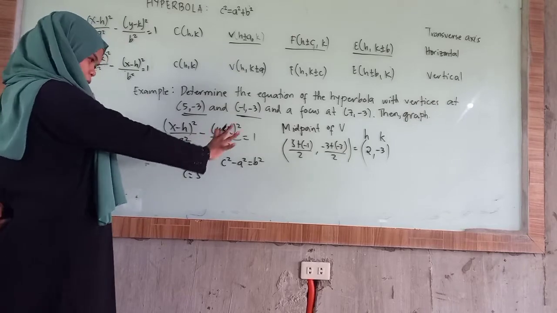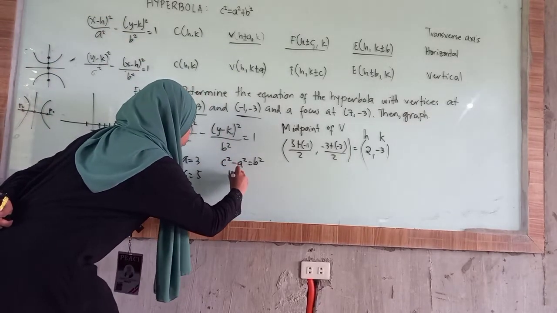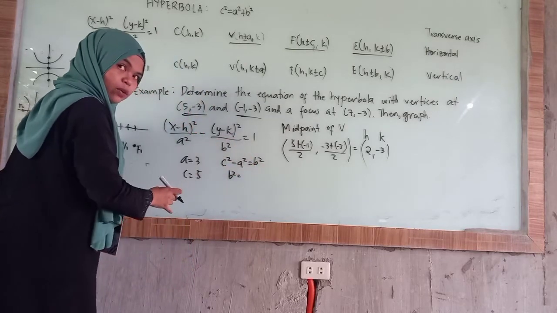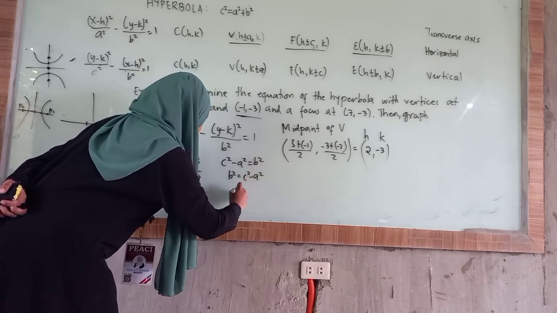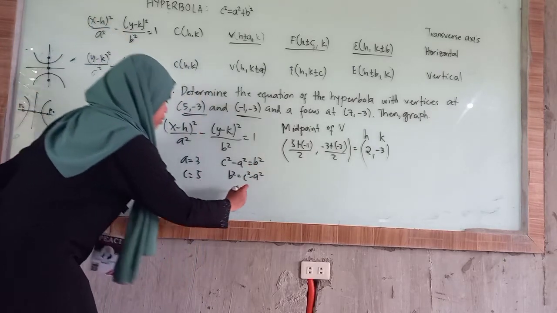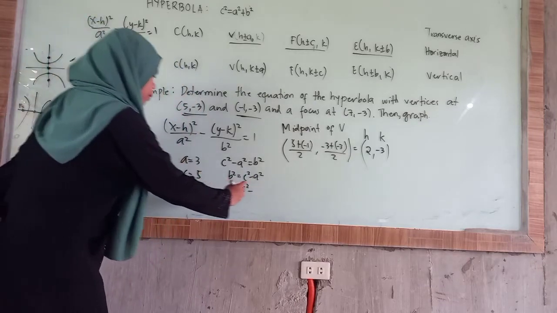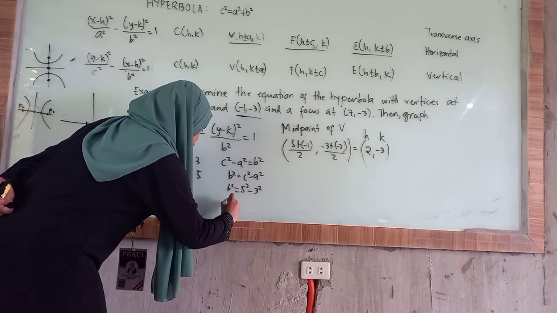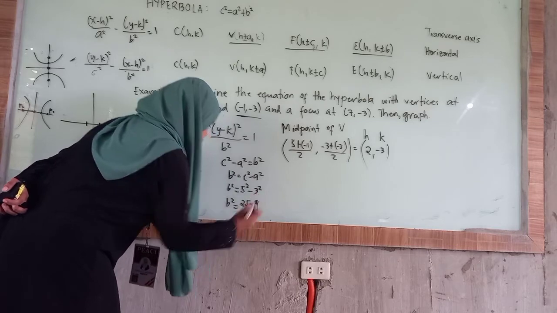So, since ang B yung hinahanap ko, I prefer that to be in the left side. Kasi, di ba, nakakalito ito pag nasa right yung hinahanap. So, let us try to do it. B squared is equal to C squared minus A squared. So C, that is 5 squared minus, ang A ko naman ay 3 squared. So that is B squared is equal to 25 minus 9.